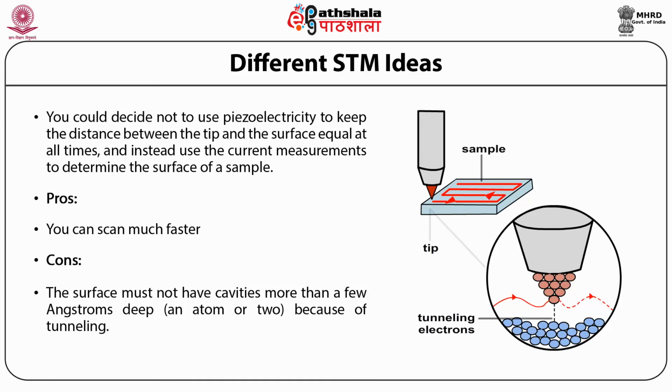So students, let us summarize what we have learnt in this module. First, we discussed the history of STM. Secondly, the converse piezoelectric effect on which this STM is based was discussed. Thirdly, the different scanning modes of STM were discussed.